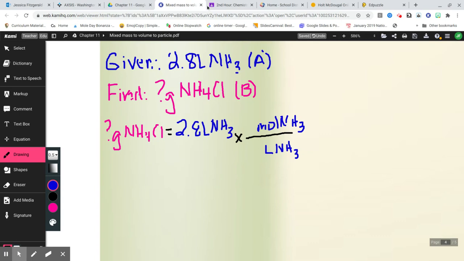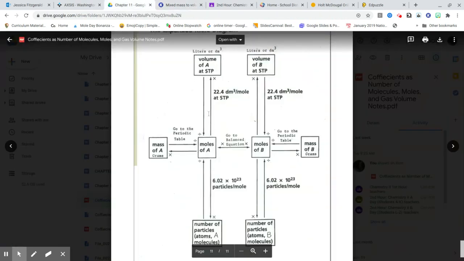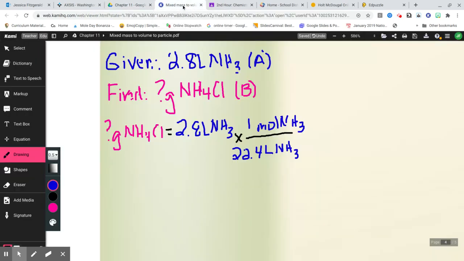And since NH3 is in the top and bottom of our equality, we'll use the 1 mole, and we use the 22.4 liters because that's what's showing in our diagram. Remember, liters and decimeters cubed are the same thing. You did a great job with that.